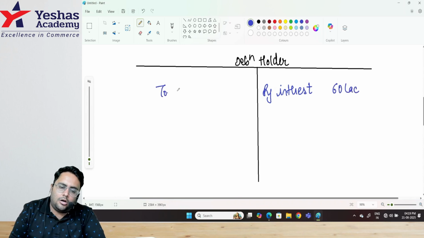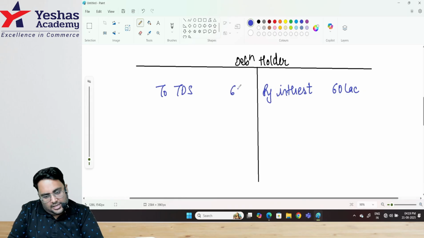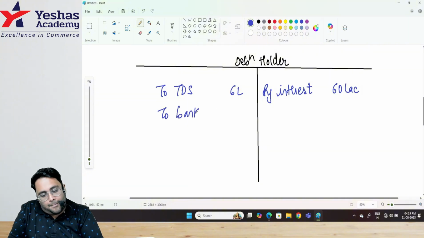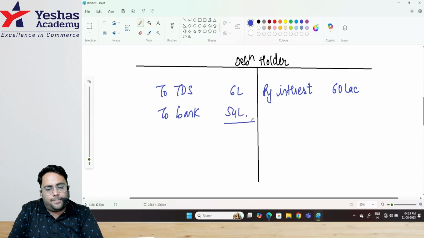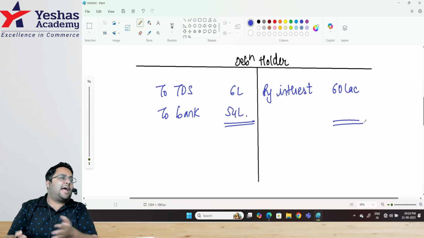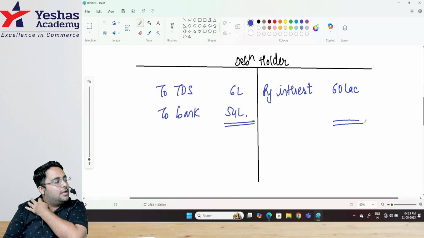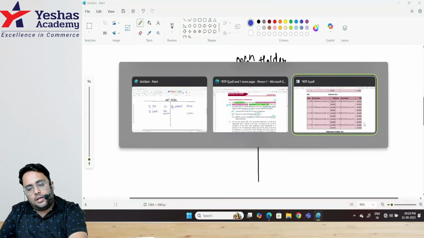Out of that, TDS will be 10%, that is 6 lakh. The balance goes to bank, 54 lakh. You are supposed to pay 60 lakh. 6 lakh was deducted as TDS. 54 lakh was paid. Same entry will be there every year.